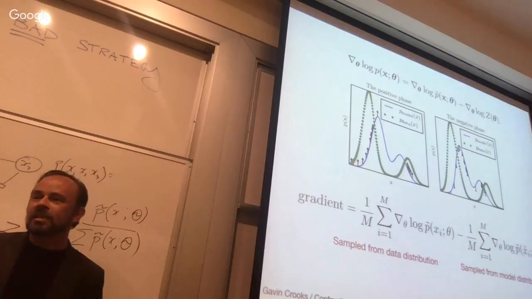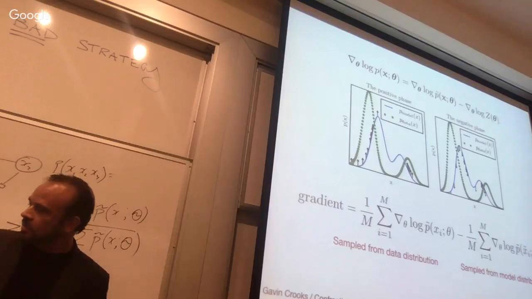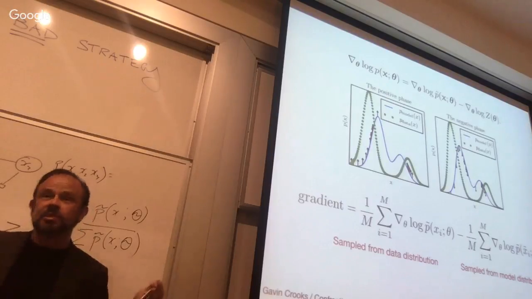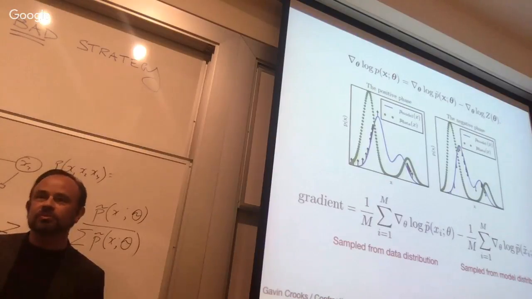And so it becomes a trade-off. If I go for very long and let myself relax, I'll get good answers, but it'll take me a lot of time. If I don't wait long enough, I get biased answers because I won't have relaxed to my correct distribution. And people are really still struggling with the right way to think about that trade-off. And I think you're right, sometimes people just eyeball it.